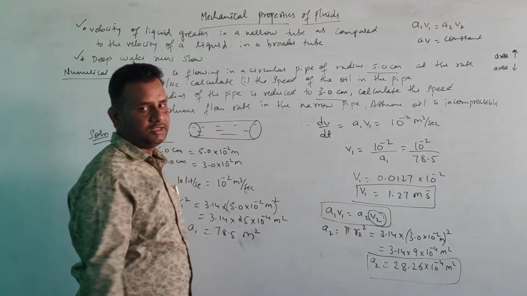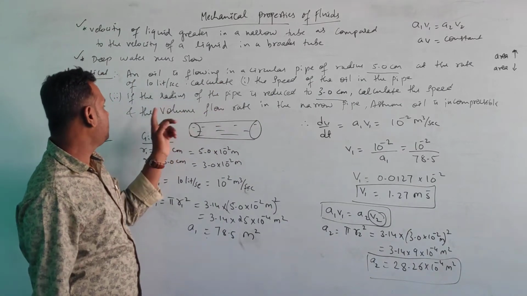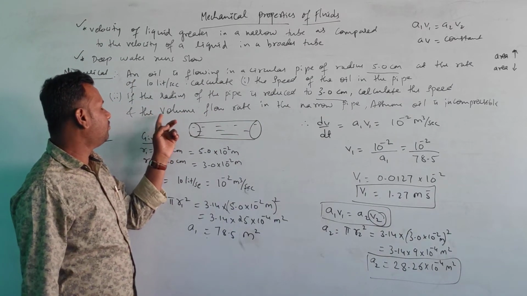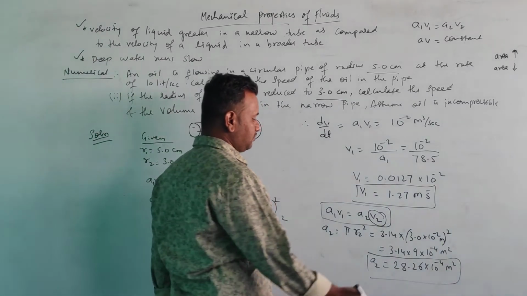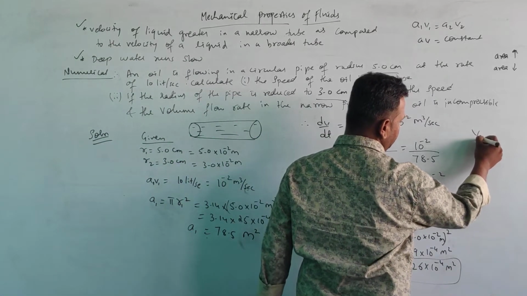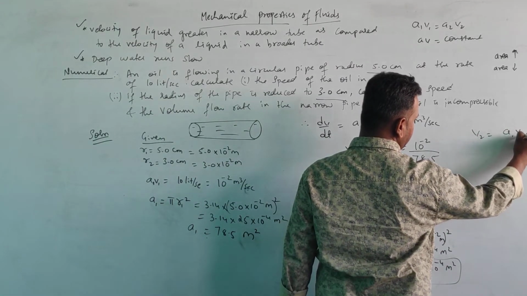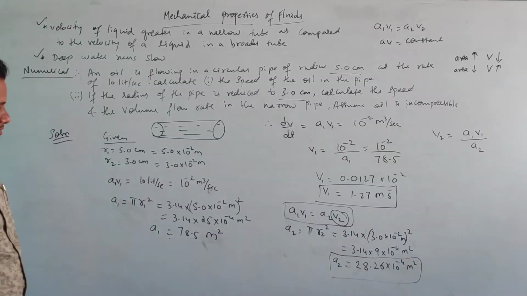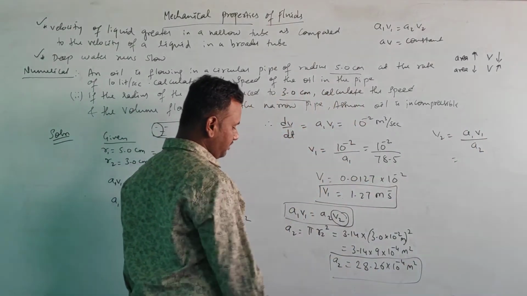Right. So now we will calculate the V2 value using this relation. Let us calculate the speed in the narrow pipe, that is V2 is equal to A1 V1 divided by A2.